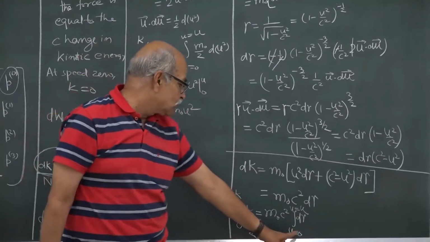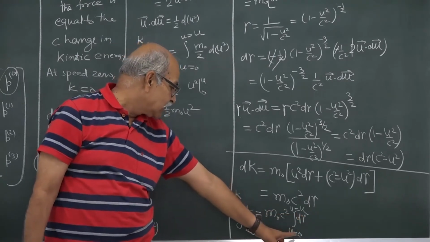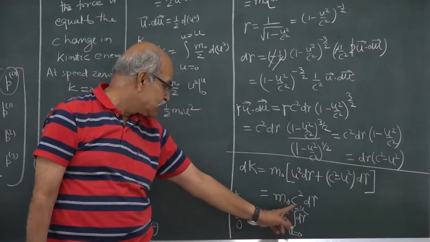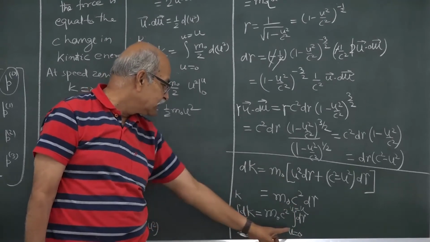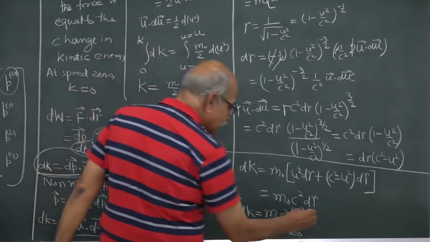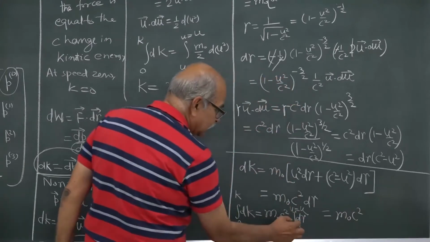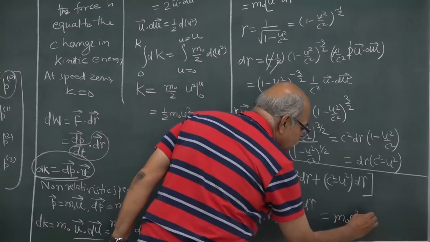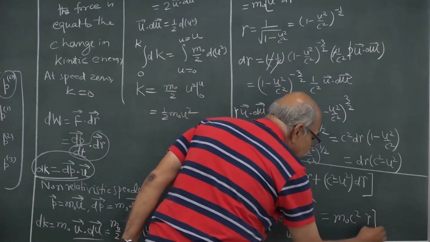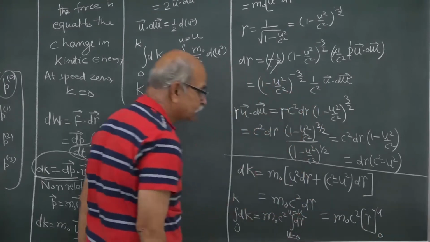So at u equal to 0, there is some value of this gamma, and at u there is some value. So you have to integrate between these limits, and here correspondingly kinetic energy is 0, here kinetic energy k, and therefore this is m naught c square, integration of d gamma is just gamma. So, it is gamma at u equal to u and at u equal to 0.